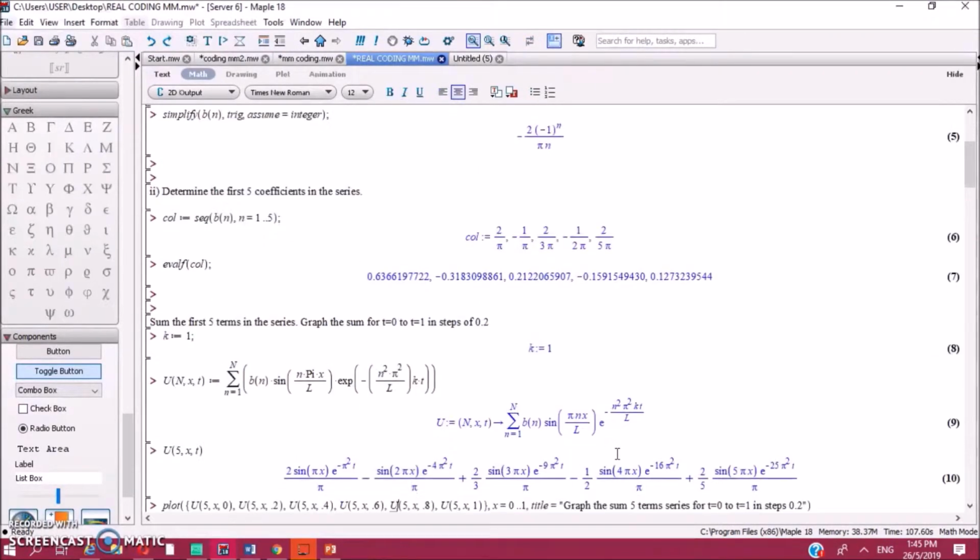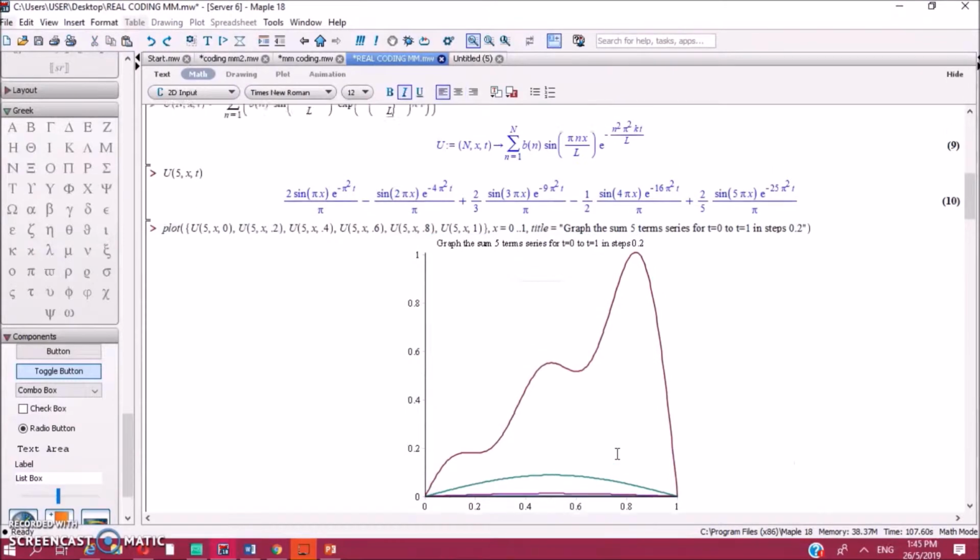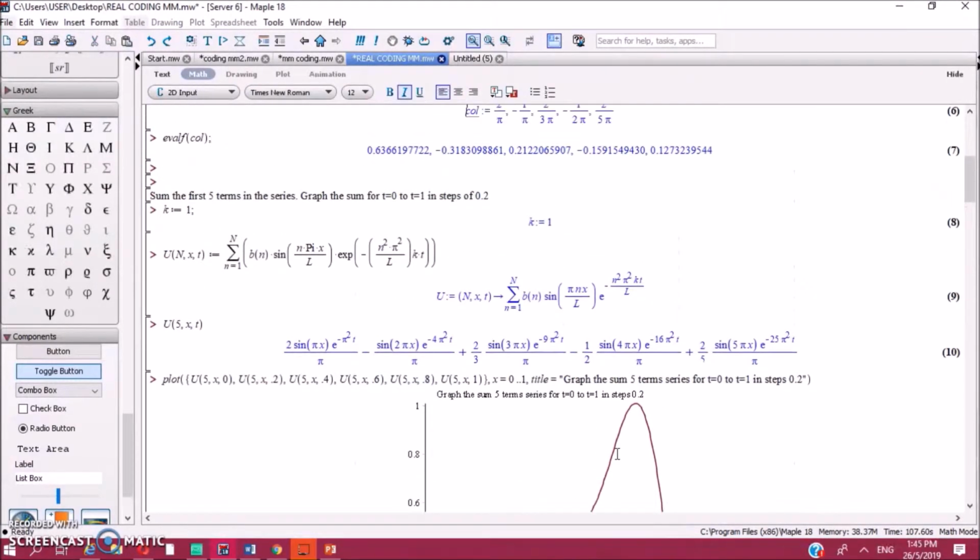Okay, for question 1C3, we need to sum the 5 terms in the series and graph the sum for t equal to 0 to t equal to 1 in steps of 0.2. We put k equal to 1 and u(x,t), and insert the equation.